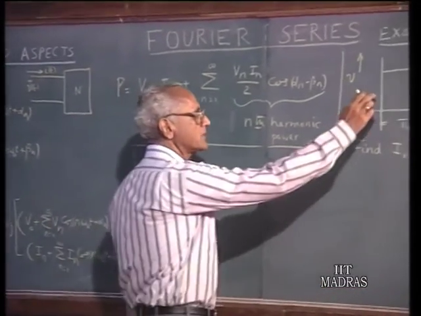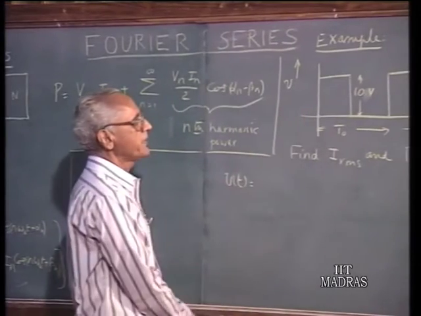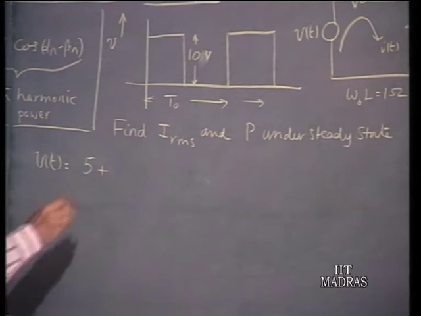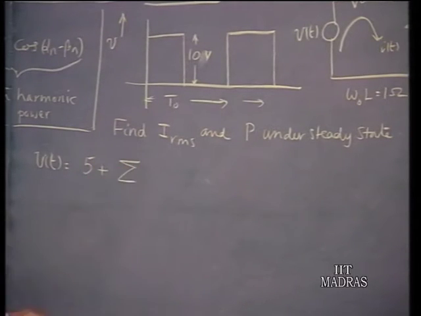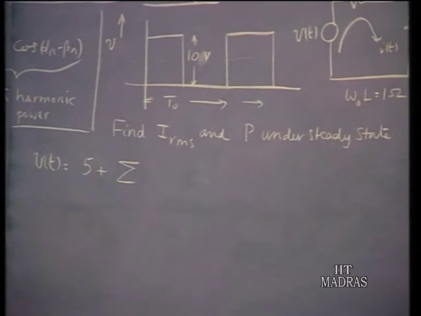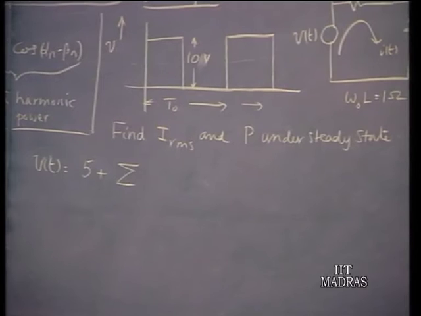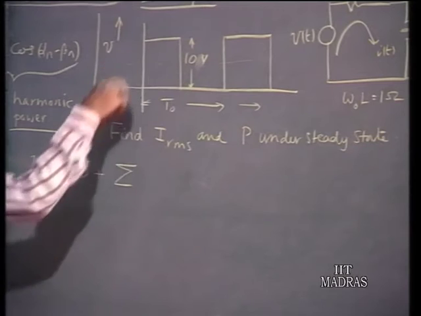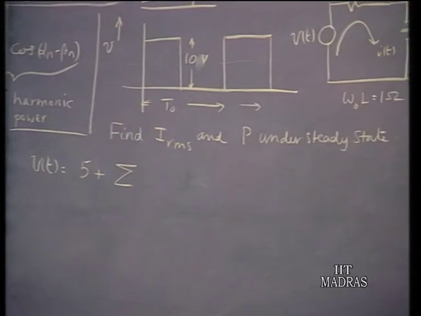V of t contains a DC component. The average value of this periodic wave is 5 volts, therefore that is a DC value. And once you remove the DC value, you have the familiar square wave that we have been talking about so often in the past. So it will have a Fourier series expansion of 4 times this amplitude divided by n pi, and you have only odd harmonic terms present and sine terms only will be present, because once you remove the DC term, this will turn out to be an odd function of time.